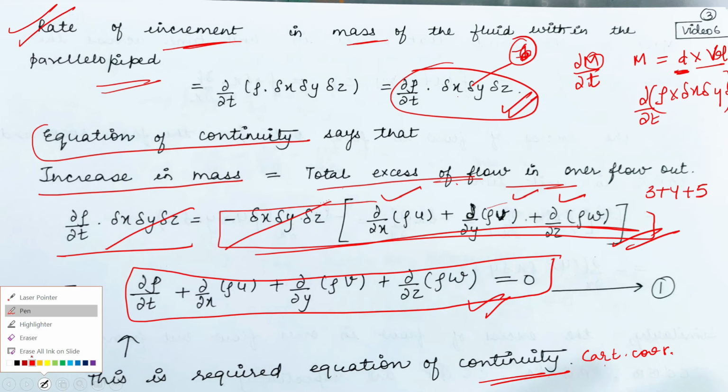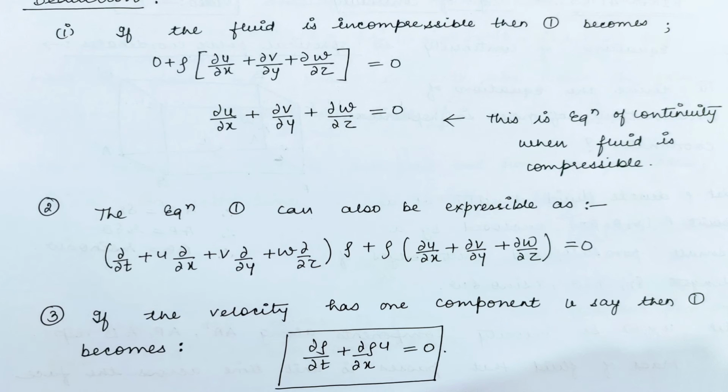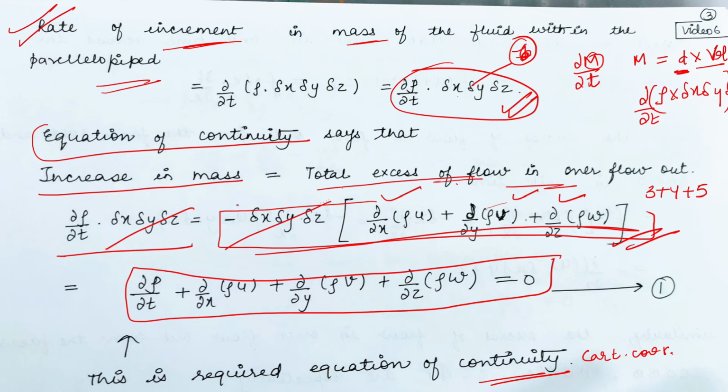We have two deductions in this equation of continuity that I also want to discuss with you. So here I have written deductions. First deduction is if the fluid is incompressible. In the case of an incompressible fluid, we can change the equation of continuity like I told you.